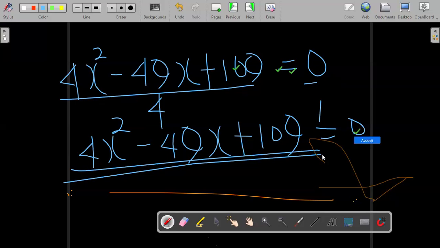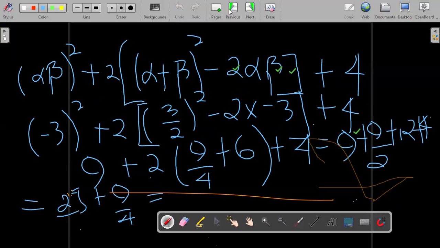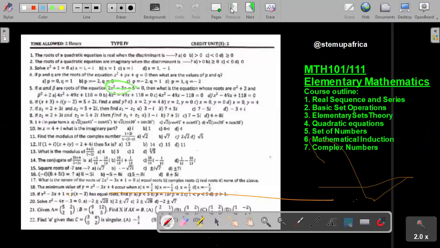Although this question is very, very complex. So what we got was 4x squared minus 49x plus 109 equals 0.